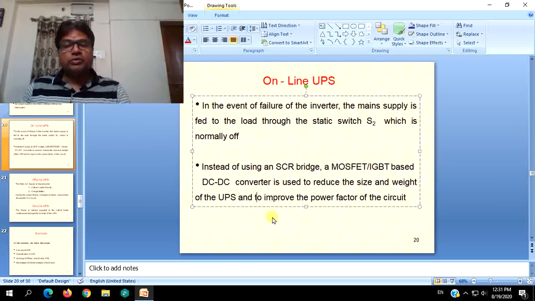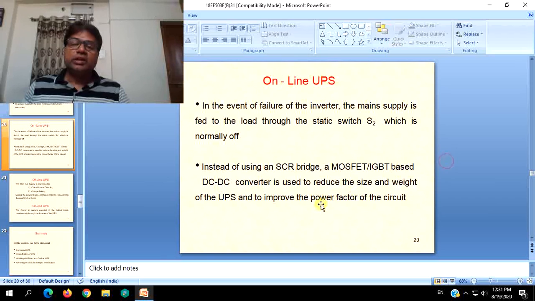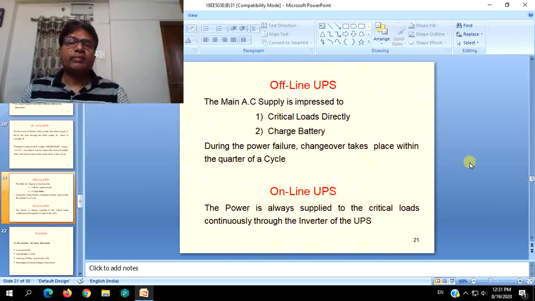So by using MOSFETs and IGBTs, even the power factor can be improved, and faster switching actions will be there. Proper wave shaping can also be done, and power factor is also improved in the case of online UPS. With this, we can achieve sine wave output.